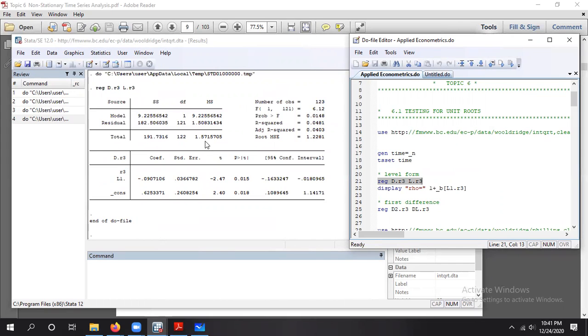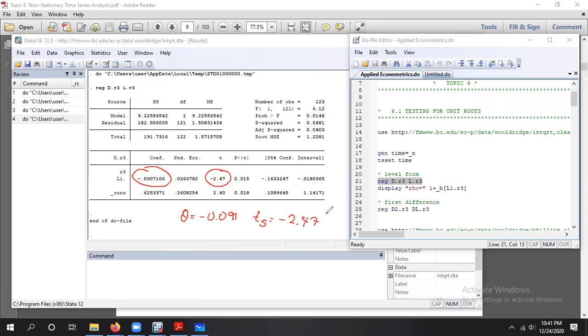Based on this result, we can see that the value of theta is negative 0.091, and the value of the t statistic is negative 2.47.